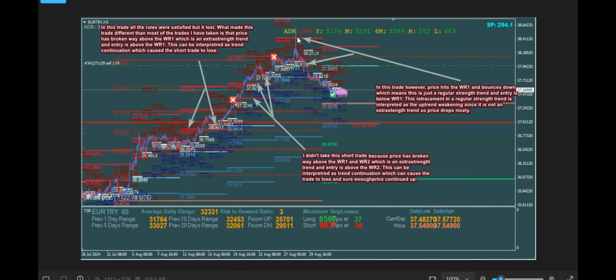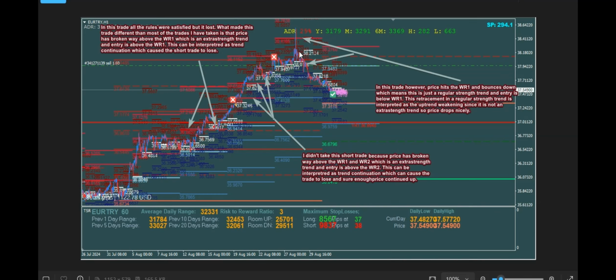However, here, price hits this weekly R1 and retraces, and it's interpreted as a regular strength uptrend. So we see now a weakening because this is not an extra strength uptrend anymore. It's a regular strength uptrend, and it's retracing after hitting the weekly R1.